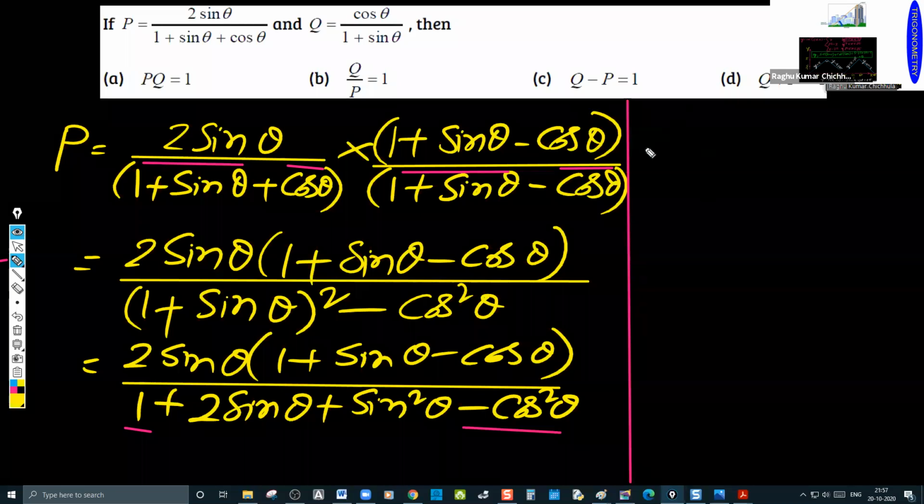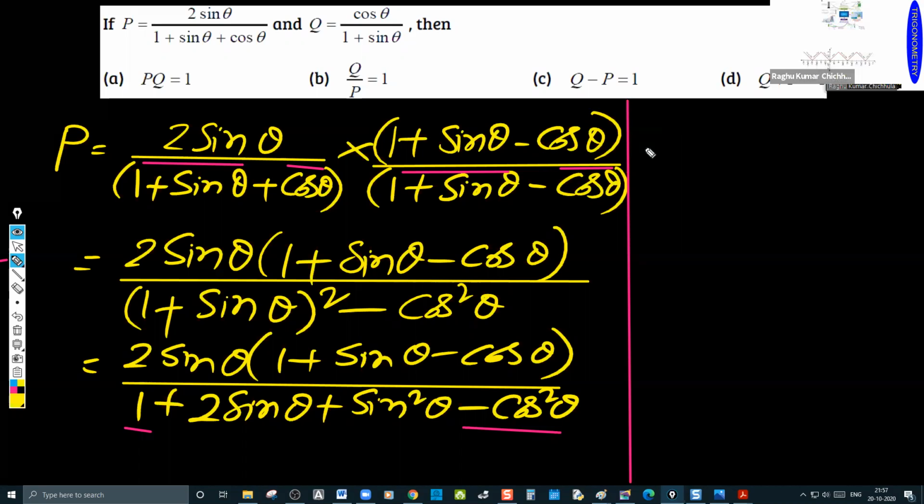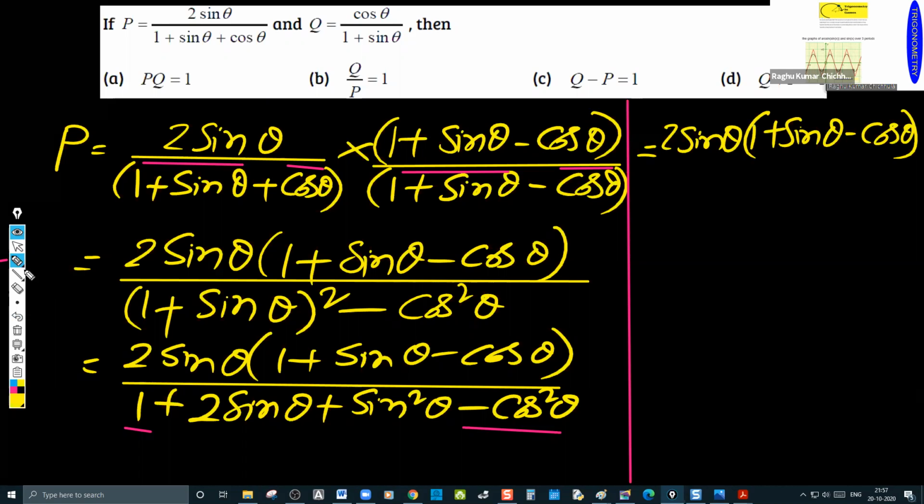So 2 sine theta into 1 plus sine theta minus cos theta, whole divided by, come on, tell me now.